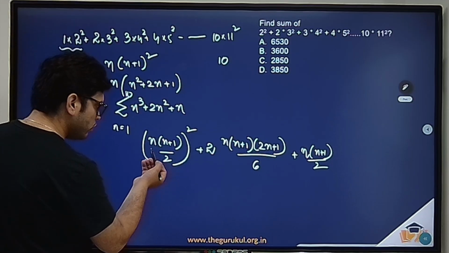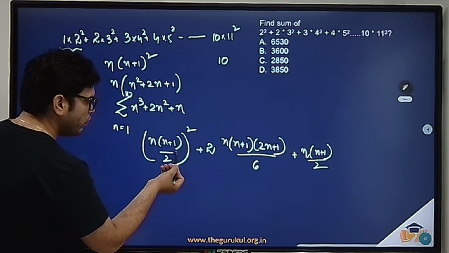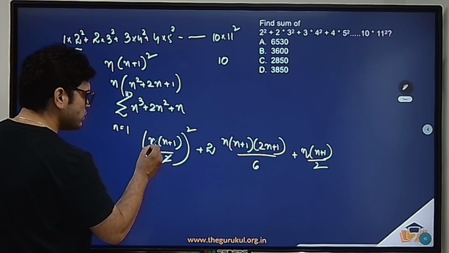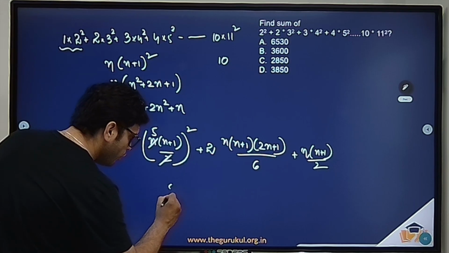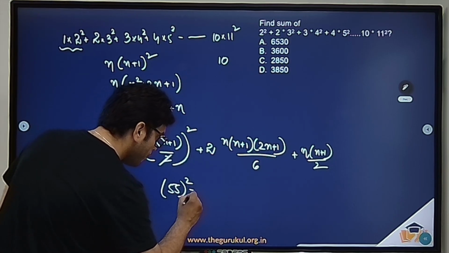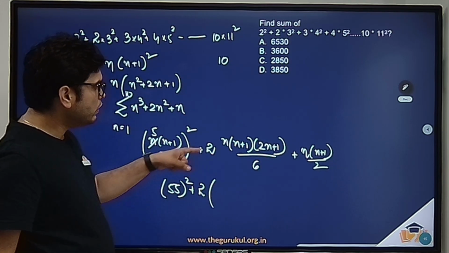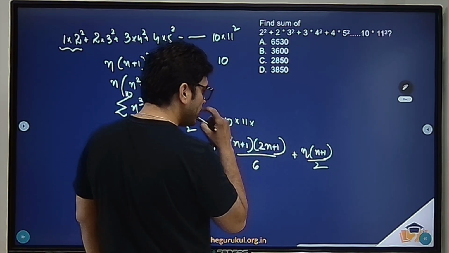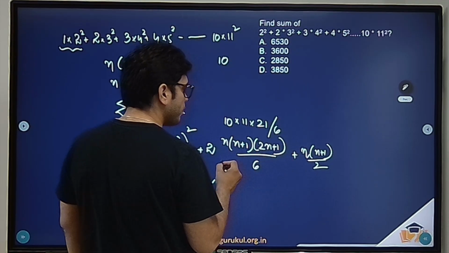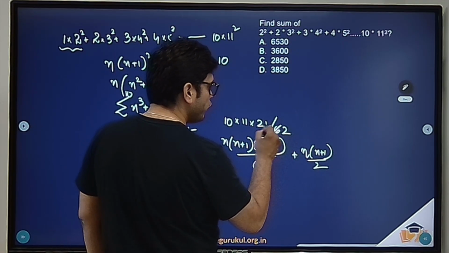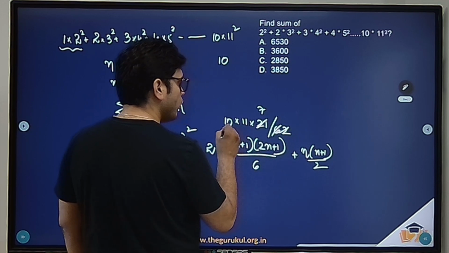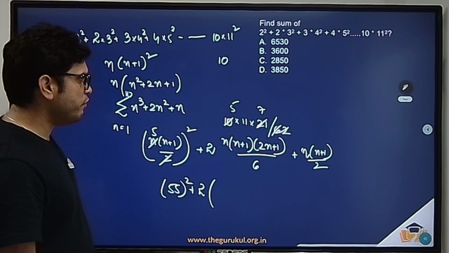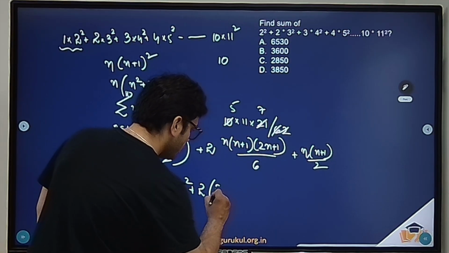So this would be 10 into 11 by 2, which is nothing but 5 into 11, 55 square, plus 2 into 10 into 11 into 21 by 6. So 3 twos, 3 sevens, 2 fives. So 55 into 7, 385.